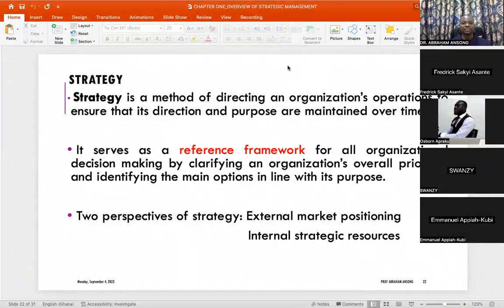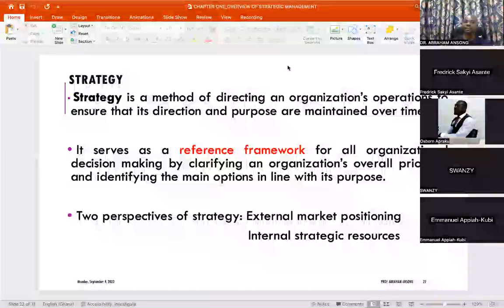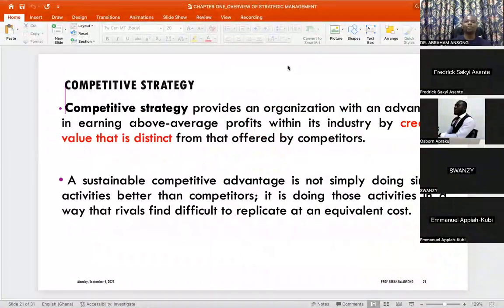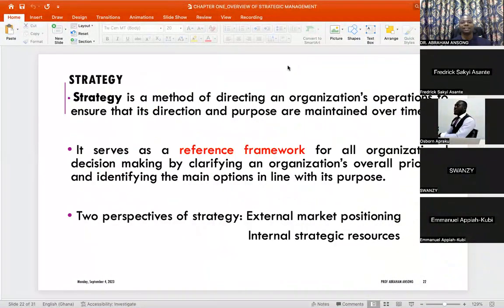Then I think by now we should know strategy, but let's pay attention to these concepts, because we've learned about strategic management, we've learned about strategic planning, we've just learned about competitive strategy. And now we're looking at strategy.